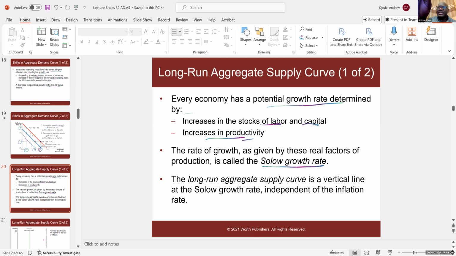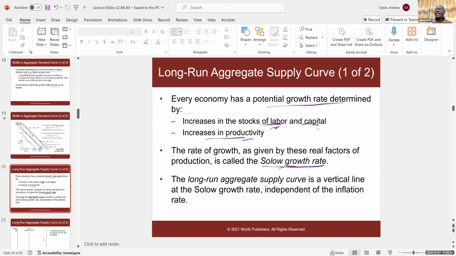Anything that changes the quantity of labor and capital or productivity, like when we get better technology such as AI, artificial intelligence, which makes labor more productive and raises productivity, is the only thing that can increase this Solow growth rate, but not printing money. Okay, it has to be real things.